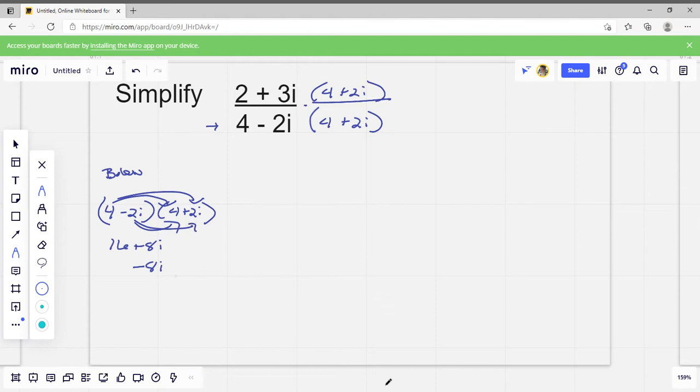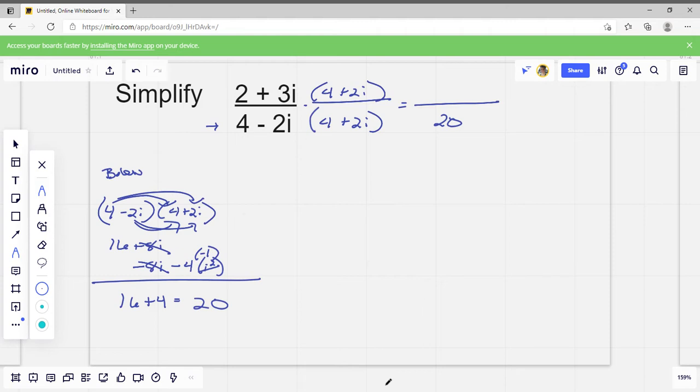And then 2 times 2 is 4. That would be negative 4 times i squared, which would be times negative 1. Those cancel each other, and we're going to have 16. Negative times negative is a positive, so plus 4. So that would equal 20. So the bottom of our fraction is now 20.